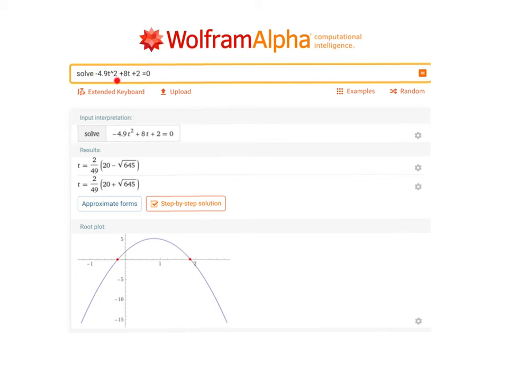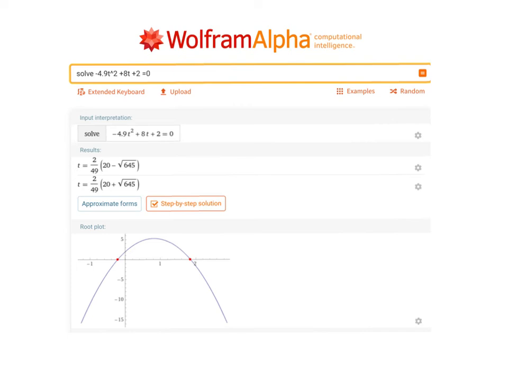But other than that, it's pretty smart about figuring out what you mean. So you want to know the solution to this quadratic equation, and you type this in, and you hit enter, and it makes sure that it thinks the thing that it's trying to solve agrees with what you wanted it to solve, and then it just gives you the results.